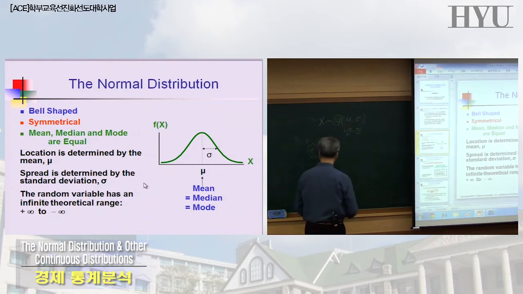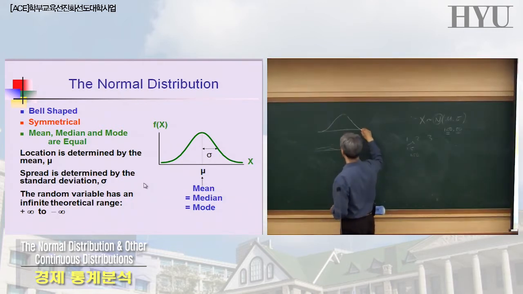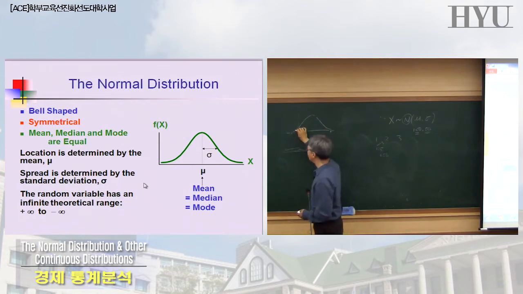If you draw it like this, then the distribution ends here and here, so that range is not infinite. Make sure that the end doesn't touch the ground, which means it just goes on forever.